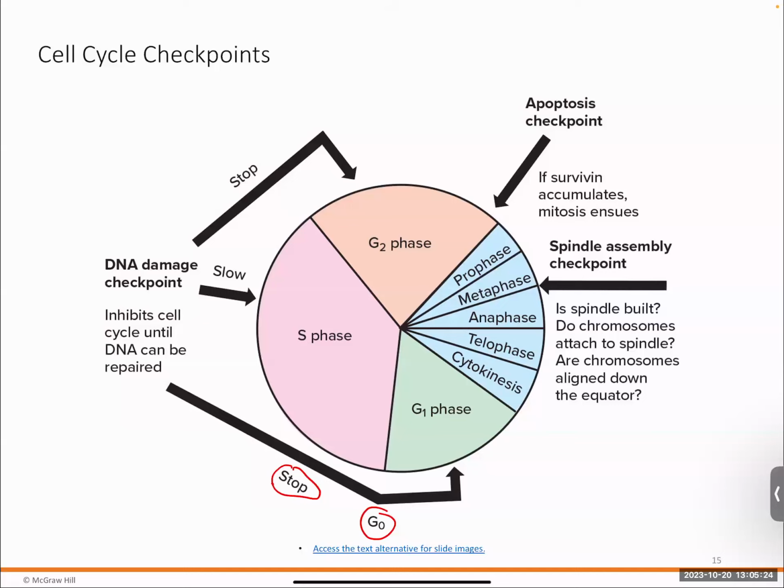During the S phase, which is where you are replicating DNA, we really want to be careful, right? Because if the DNA is damaged, the cell is not going to work properly. We're going to slow down the process, allowing for checking of the DNA. G2 is also another stop, ensuring that the genetic information has been double-checked before we move further.